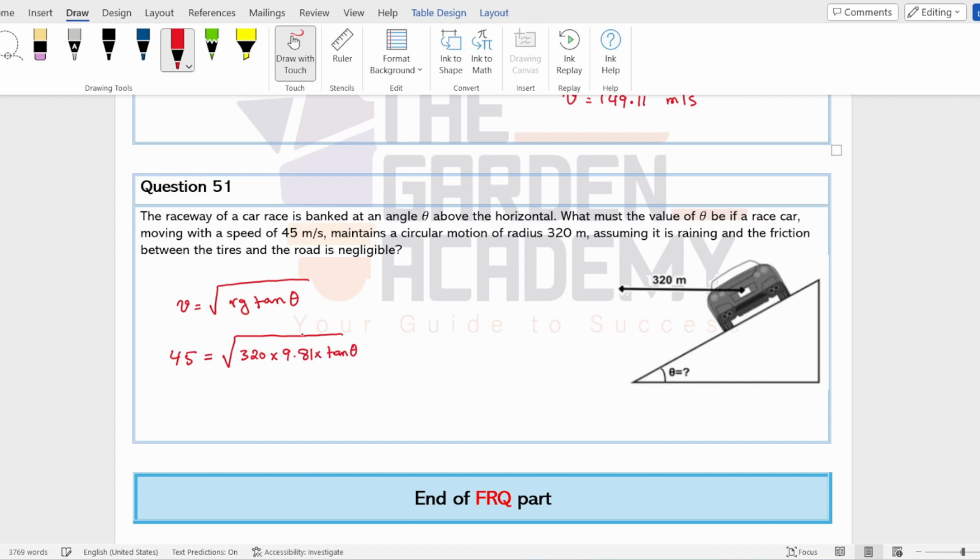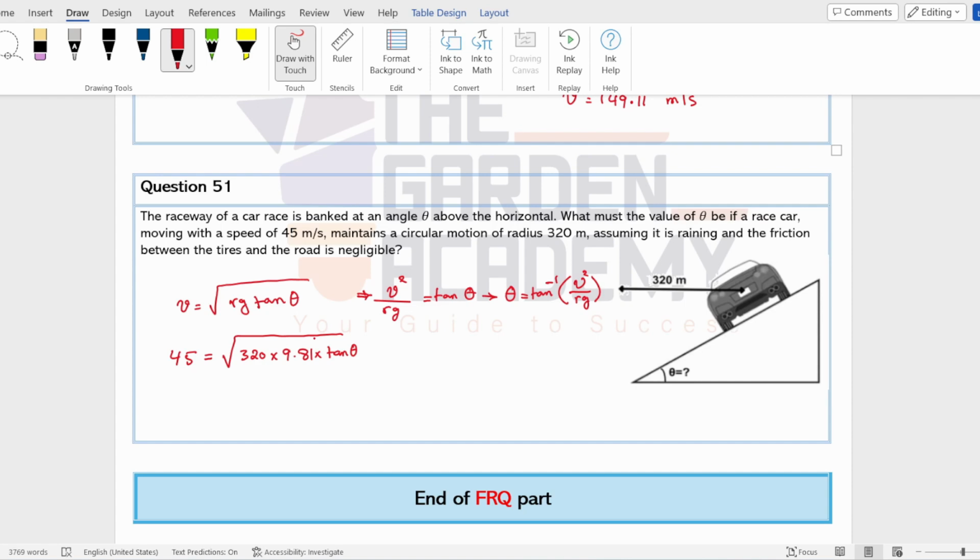By the way, we can do it in a different way. By taking the square of both sides, v squared over rg is equal to tan theta. So basically, theta is equal to tan inverse of v squared over rg. So we can do this or that.